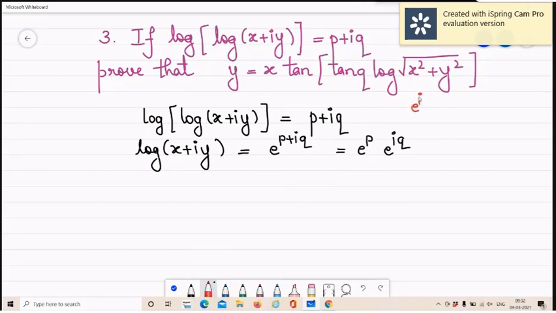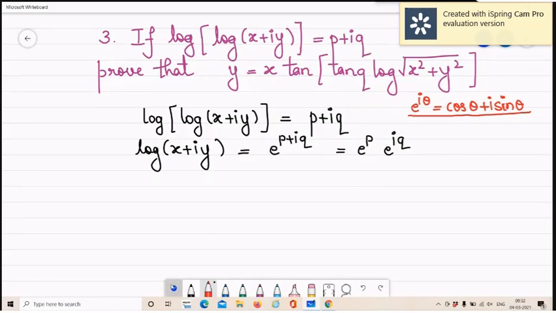Now, what is e raised to i theta? e raised to i theta is cos theta plus i sin theta. Now, from where have I written this formula? We had specified this when I was teaching you the Euler's form of a complex number.